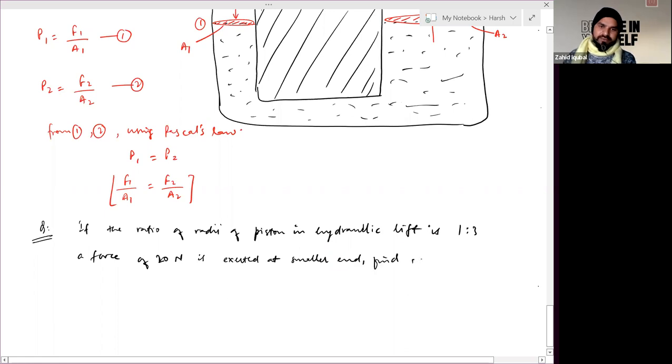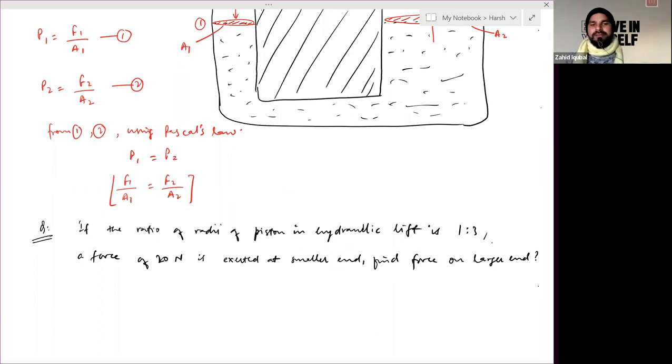Find the force on the larger end. Use the above formula, write A in terms of pi r square, put their values and try to find.